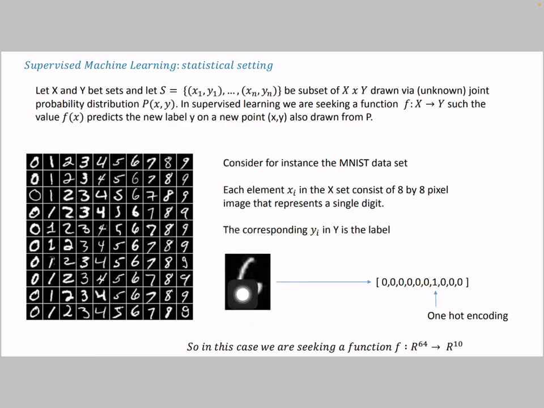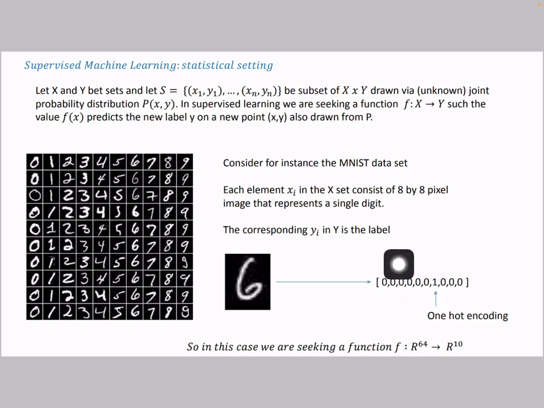Each xi is an 8 by 8 image that represents one single digit, and each label is one-hot encoded. It has 0 everywhere and 1 where it corresponds to the label. So here you have 6, and here it is in the 6th position.